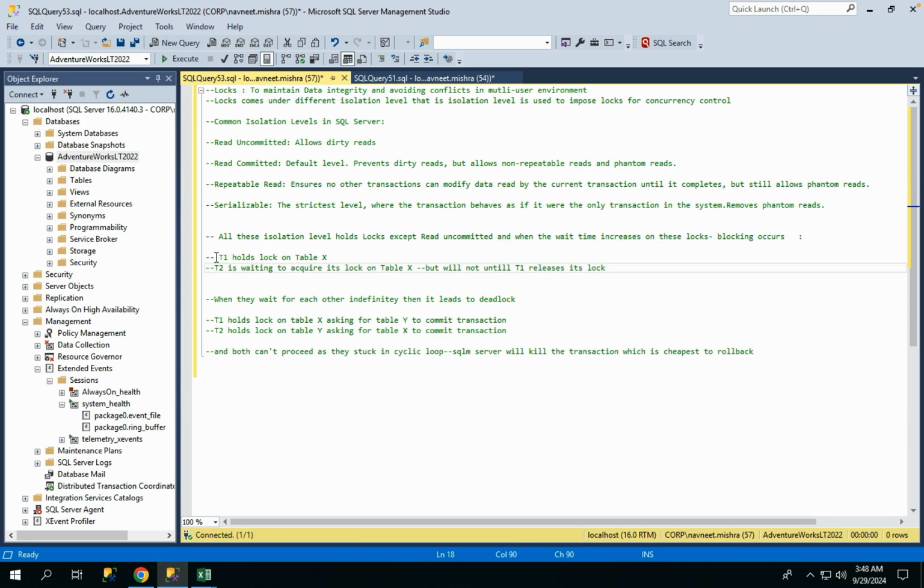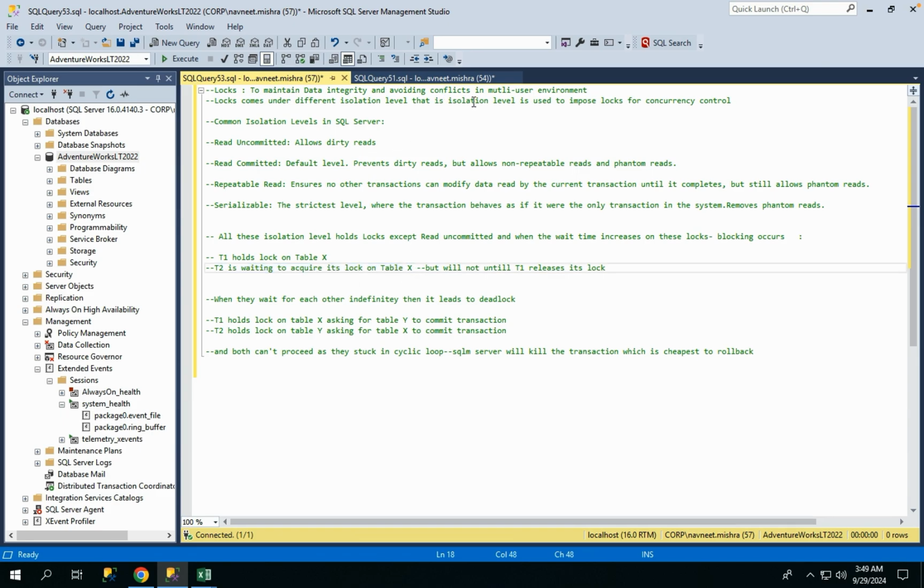For example, let's suppose transaction T1 comes and holds a lock on table X. At the same time, T2 is waiting to acquire its lock on table X. But there is the concept of mutual exclusion, that is, until T1 completes its transaction, T2 is not able to access the same table.